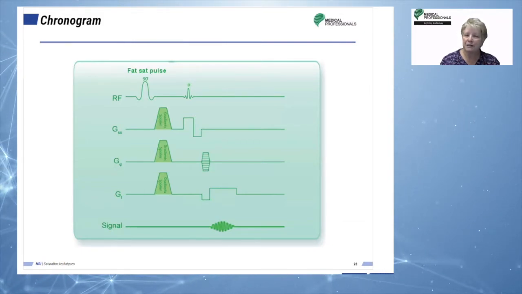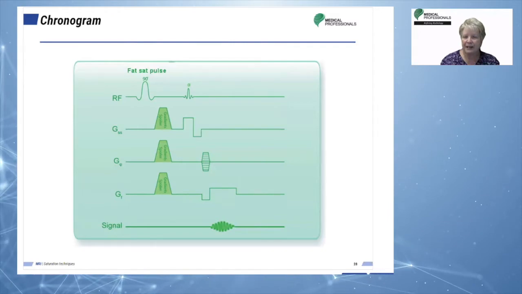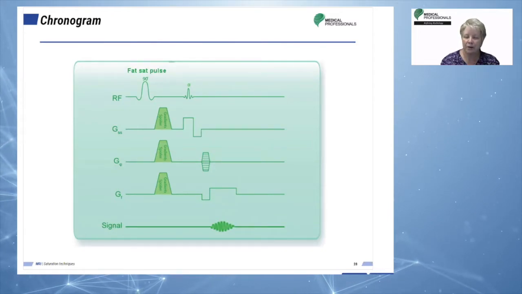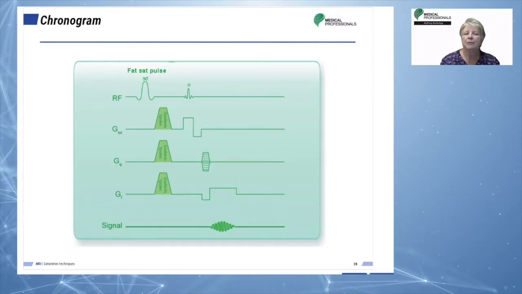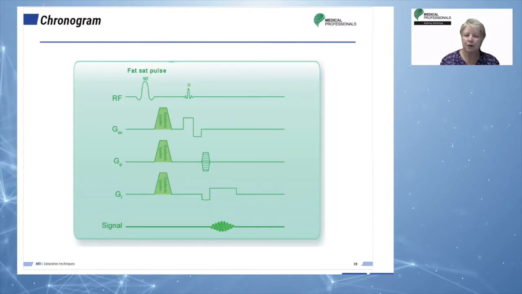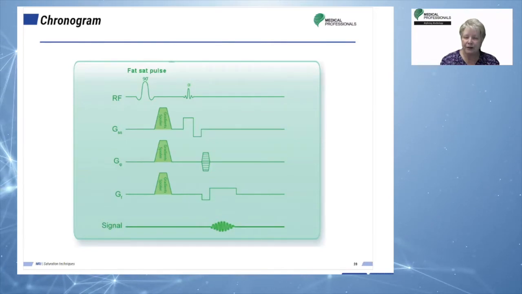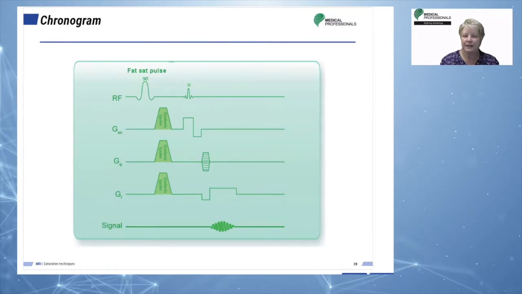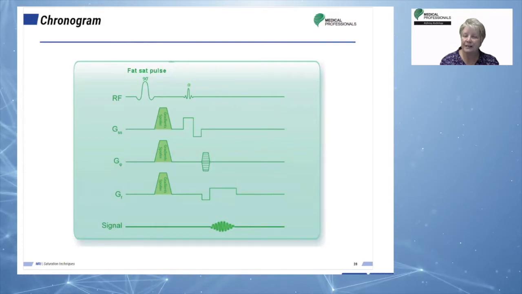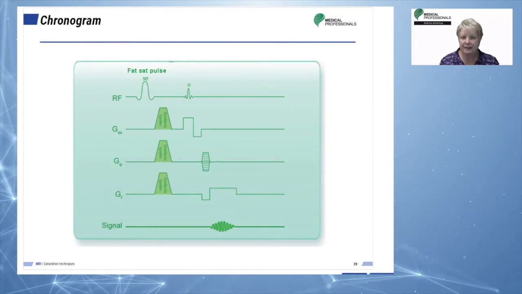The central frequency of the RF excitation must be lower than the water resonance frequency by 3.35 parts per million, which is 214 hertz at a 1.5 Tesla scanner and 418 hertz on a 3 Tesla scanner.